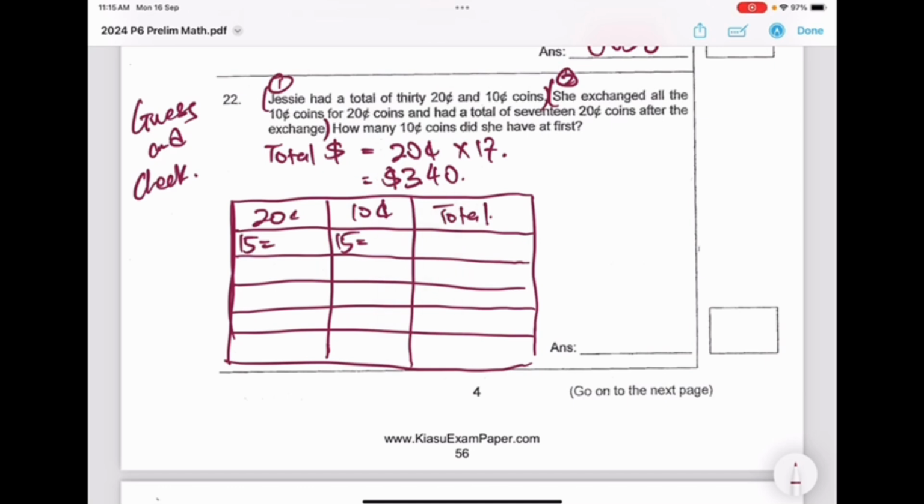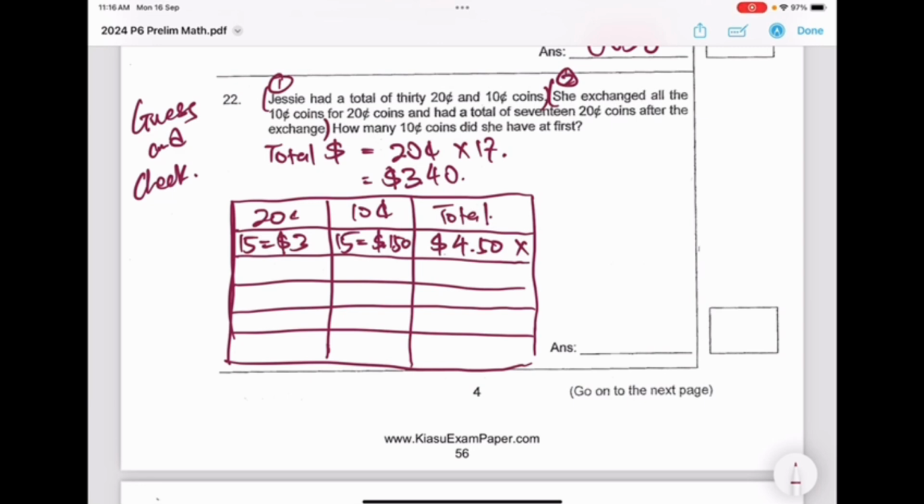So 15 20 cents would give me $3, and 15 10 cents would give me $1.50. Adding these two up, we notice that our total is $4.50. So this is definitely not my answer.